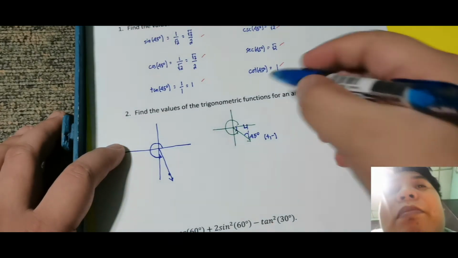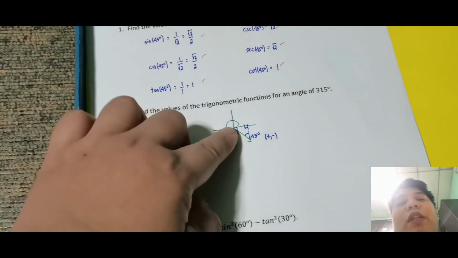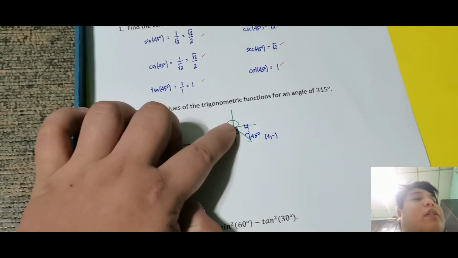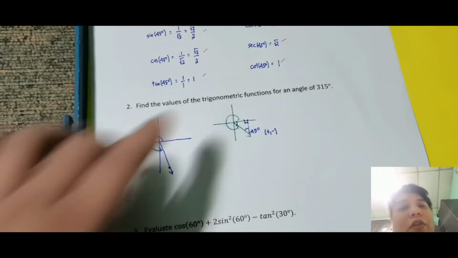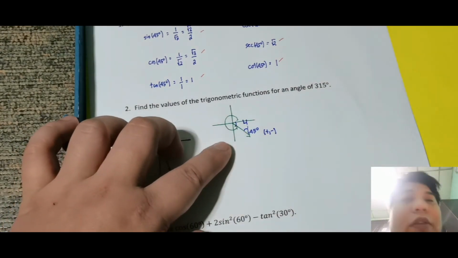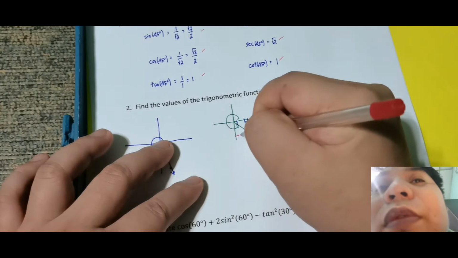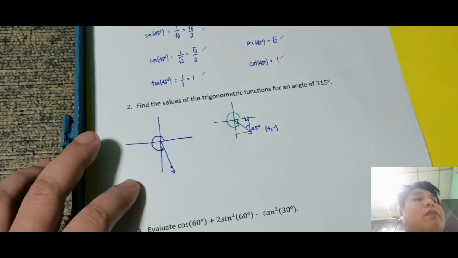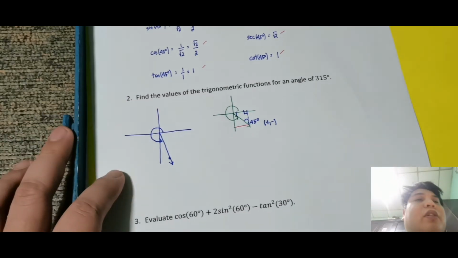So meaning, positive yung x dito, negative yung y. Ganun yung magiging value, no? So 315 degrees, ito yung base talaga. Actually, hindi dapat. Actually, dapat nandito sa side na to. Sorry, i-zoom ko dapat. Okay, although same lang naman kasi positive, negative lang naman yung kino-consider ko dun eh.